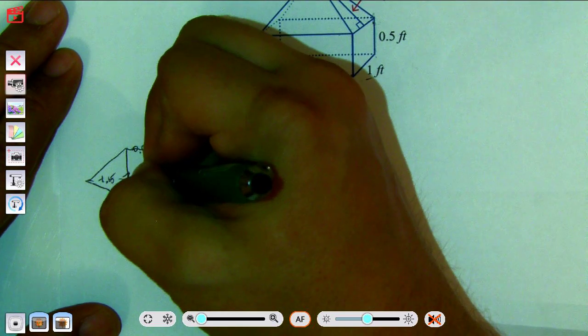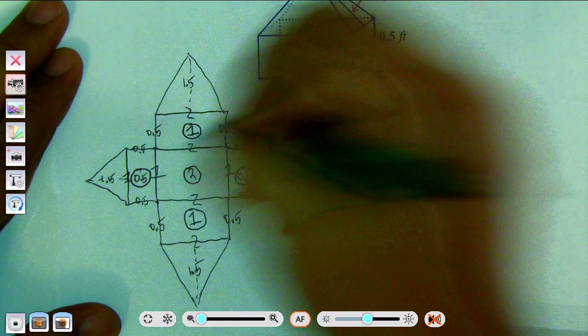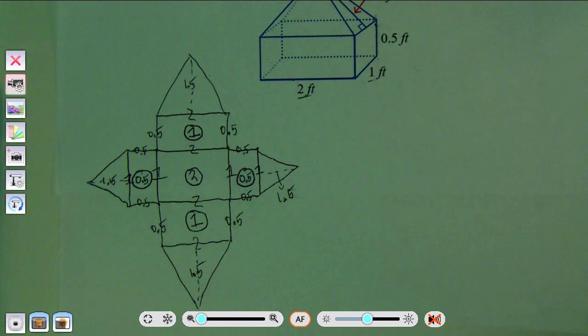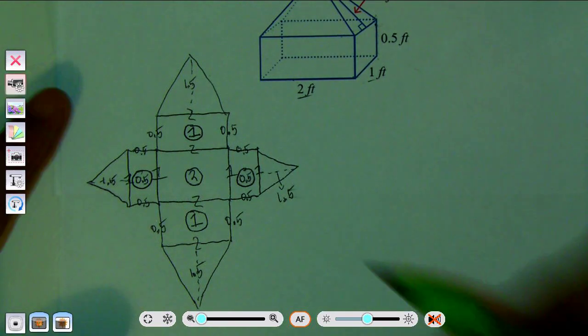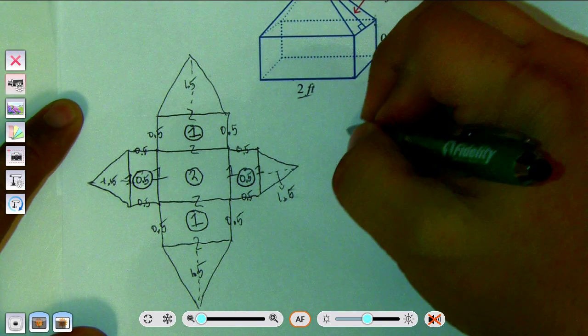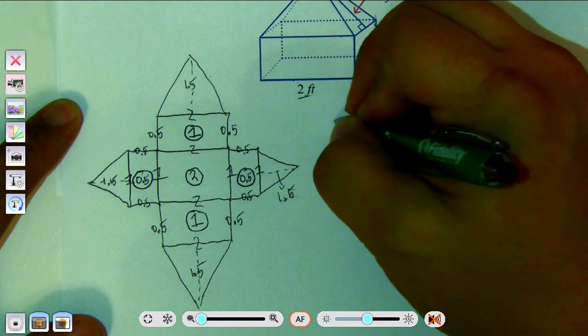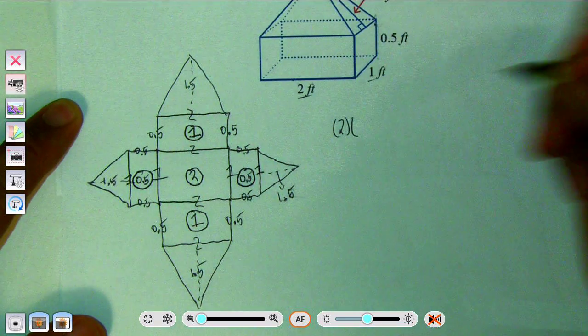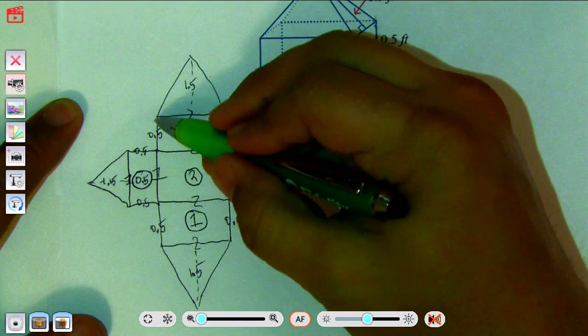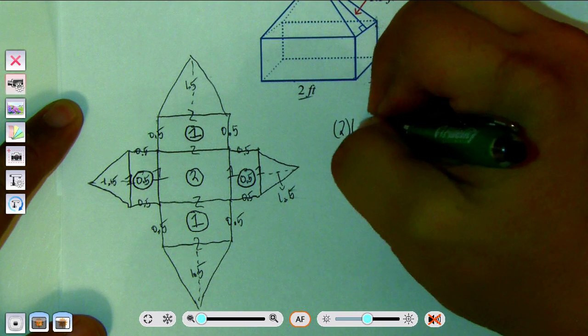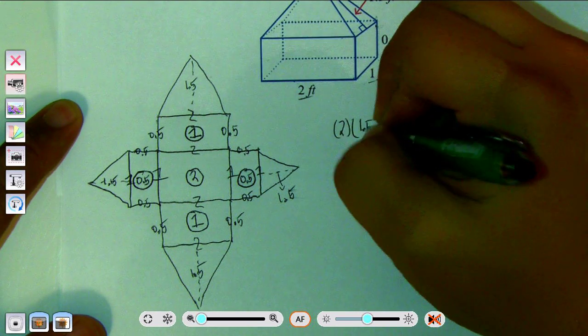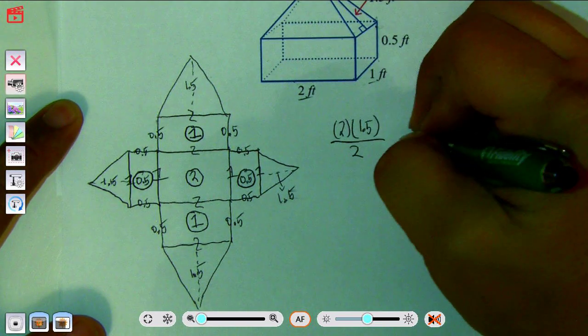And again, 0.5. So those take care of my rectangles. Now to the triangles. Remember, base times height divided by 2. So we have 2 times 1.5 divided by 2.